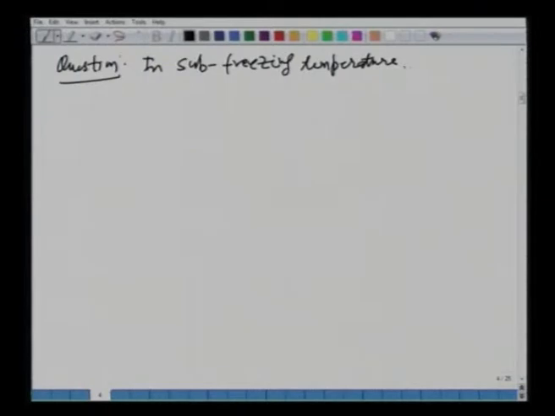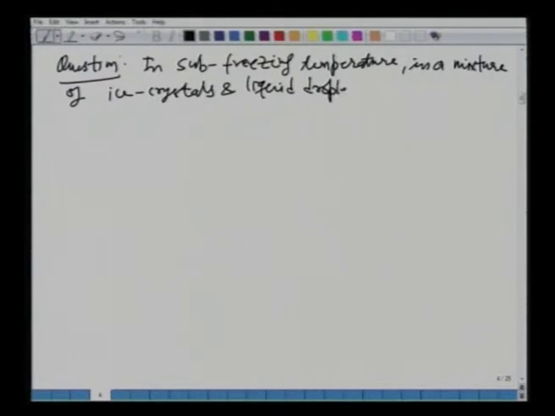So, in the sub-freezing temperatures, in a mixture of ice crystals and liquid water droplets, evaporation of water droplets takes place.